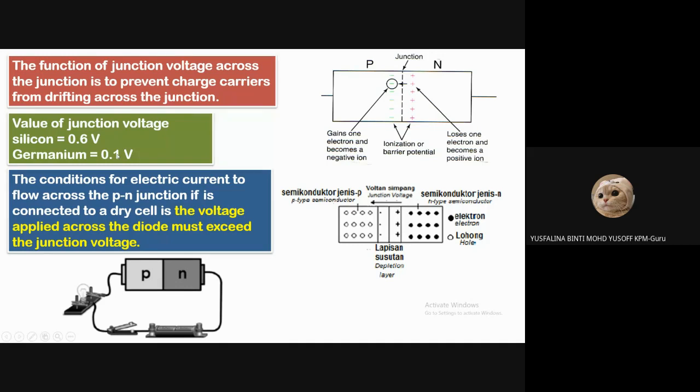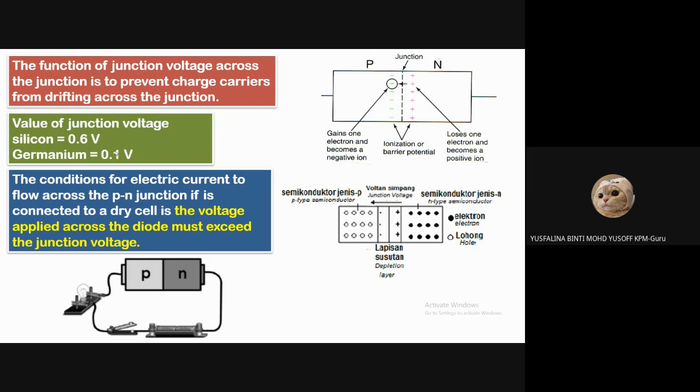The smallest battery is 1.5 volts, so there's no problem. You cannot find one with 0.6 unless you use a rheostat.